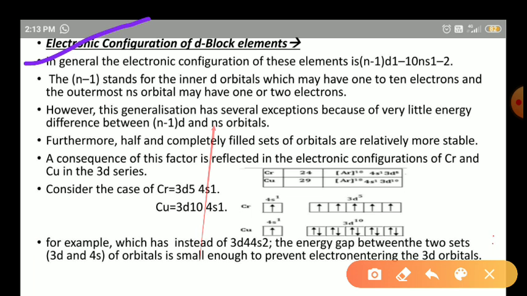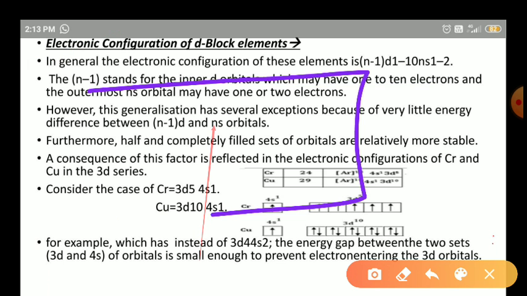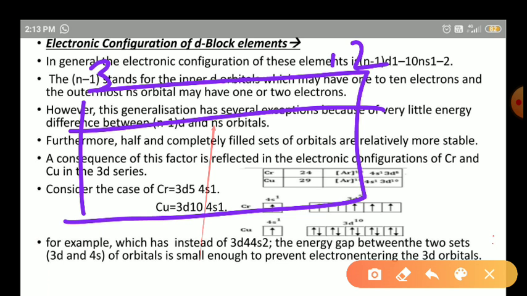So the electronic configuration of the d block element is (n-1)d 1 to 10 ns2. The d block elements are groups 3 to 12, in the fourth, fifth and sixth periods.